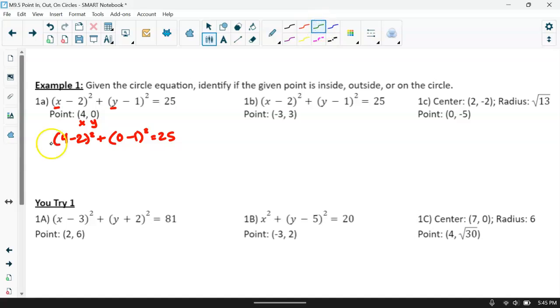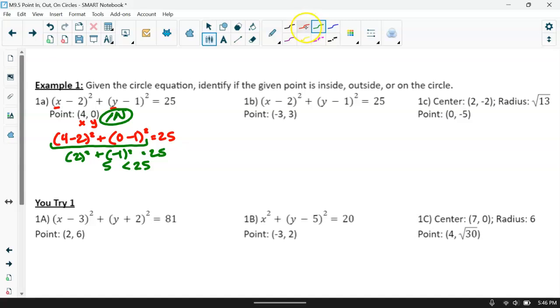Now simplify. We're looking to see, is this value equal to 25 to be on the circle? So this is 2 squared plus negative 1 squared. Well, this is 4 plus 1, which is only 5. 5 is clearly less than 25, which means this point is not on the circle. It is inside of our circle.